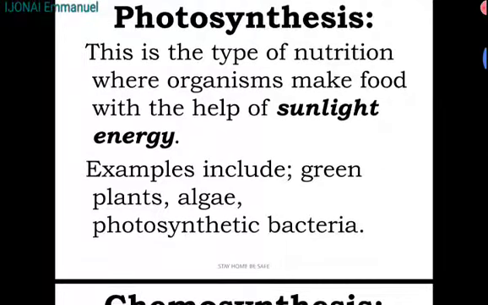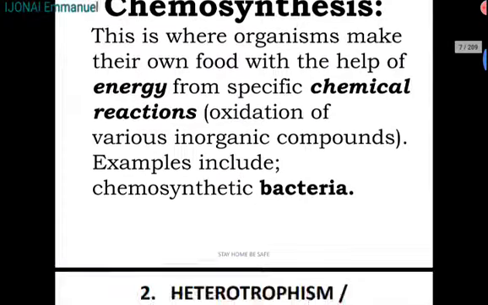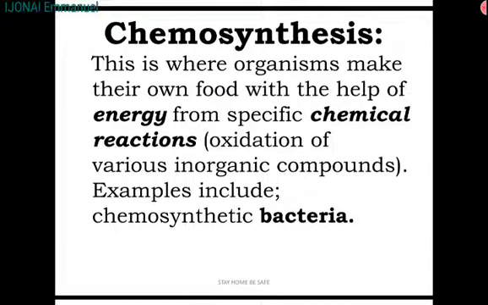And then we have another form of autotrophic nutrition called chemosynthesis. In this particular case, organisms make their own food with the help of energy from specific chemical reactions, for example, oxidation of hydrogen sulfide or oxidation of ammonia.